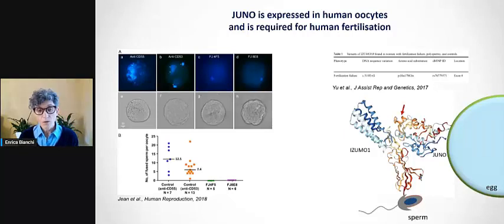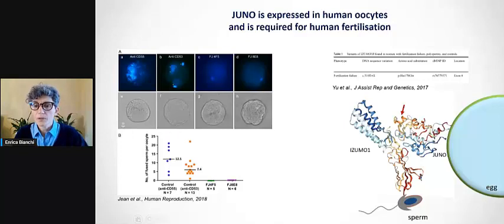But so far, the data I have presented all refer to the mouse model, but recently it has also been shown that Juno is required for fertilization in humans. It has been shown that the protein is definitely expressed on human oocytes, and also by using antibodies that bind Juno, it is possible to block fertilization in vitro using human gametes.